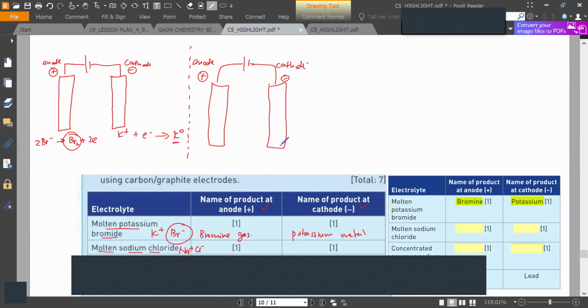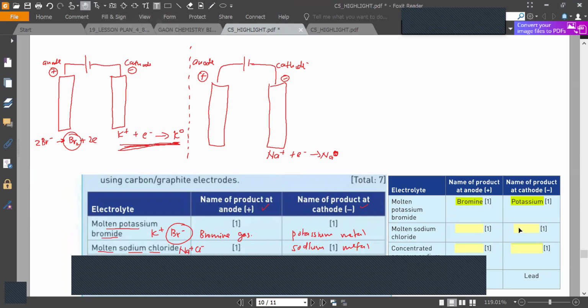The sodium ion will come to the negative electrode. It's a very similar situation. We add one electron to return back to sodium metal. Discharge. Sodium metal.